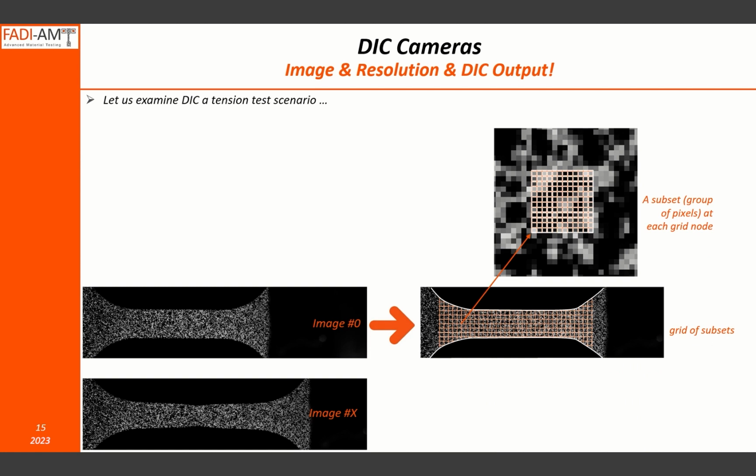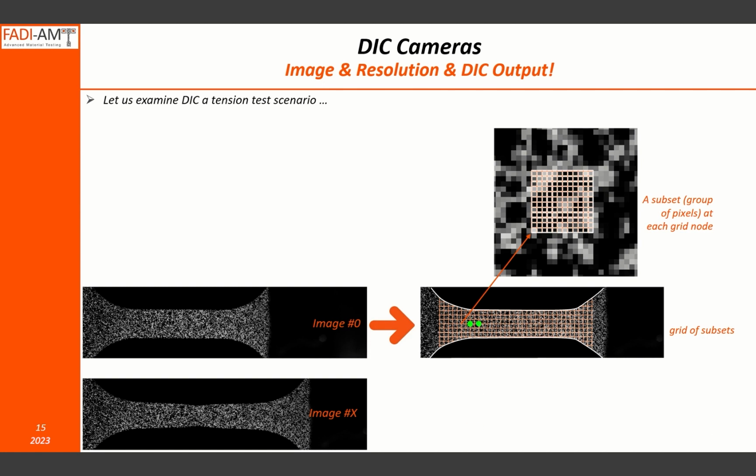You can set the size of that subset as you like, from X to Y. There are no guidelines on what is the smallest and what is the largest subset you can use, but what matters to us right now is the following. I usually break the image into discrete points, and each point is defined by a group of pixels centered around that point.